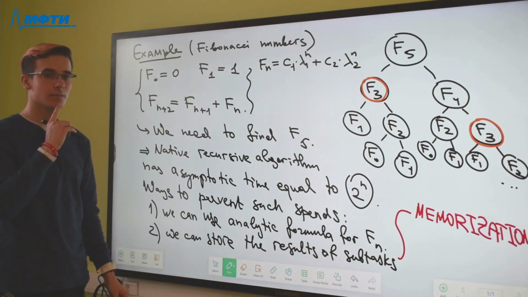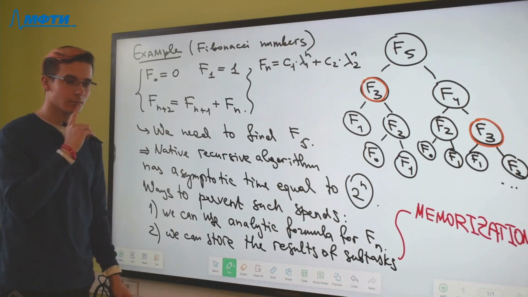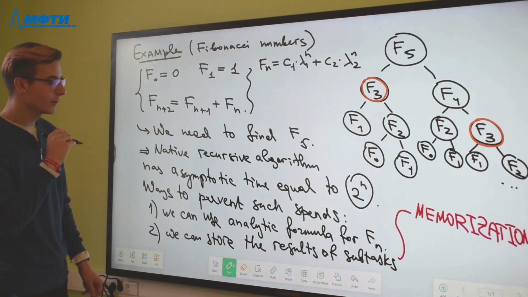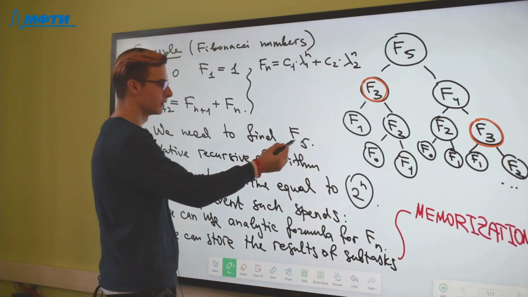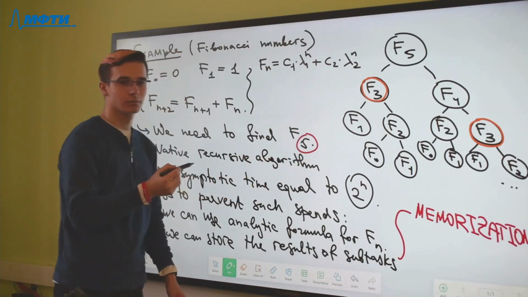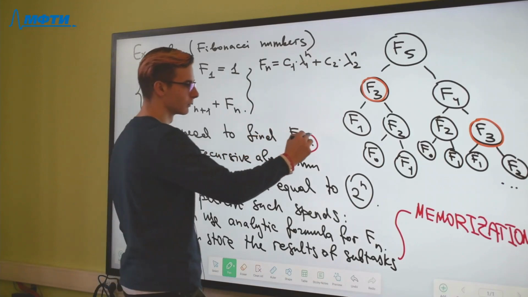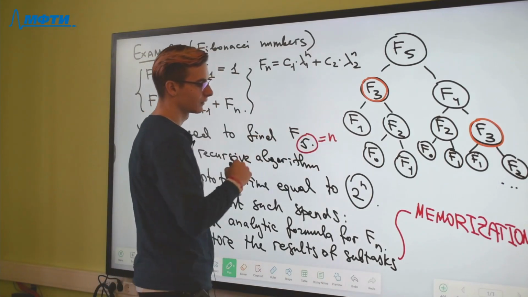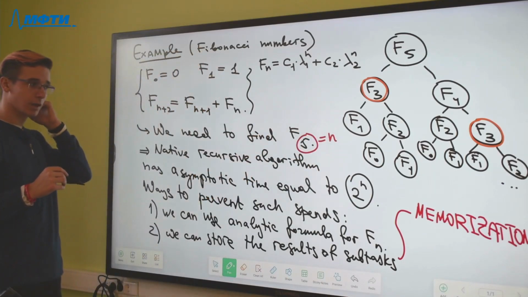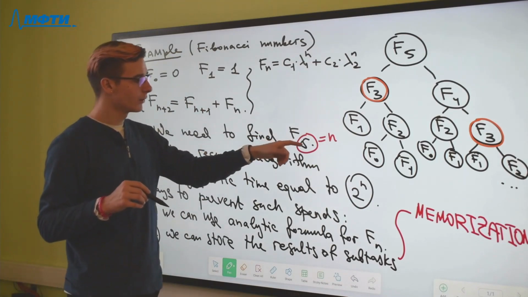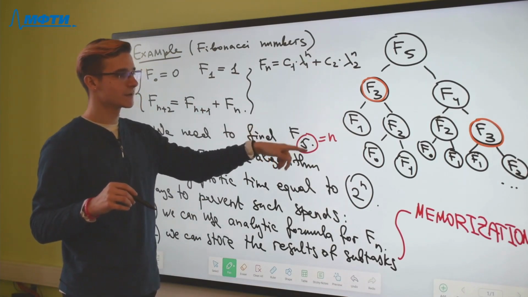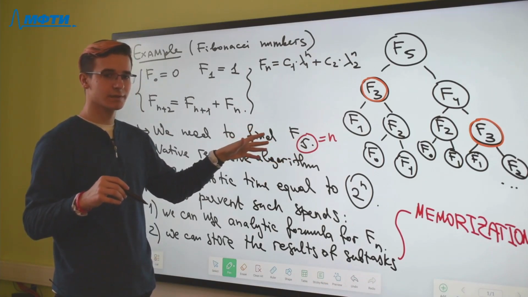Memoization. Where should we stop memoizing? When we start our algorithm, we get, for example, this number. We said that it is equal to n, and then we finish when we find the result of this task.